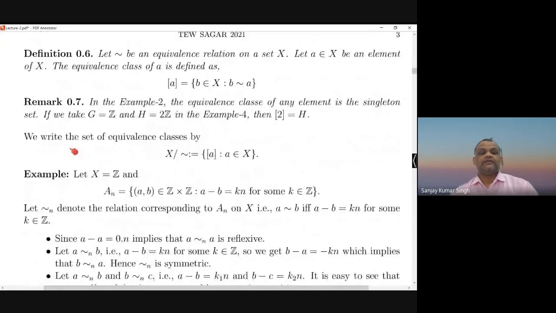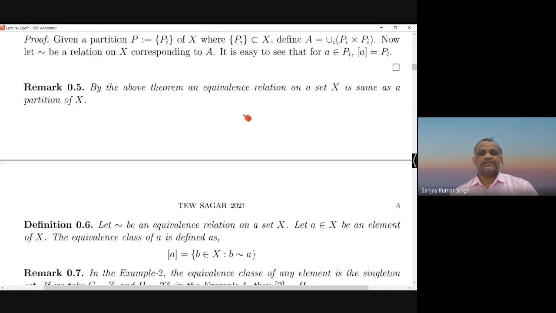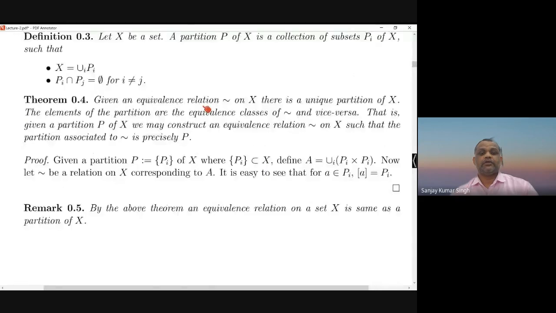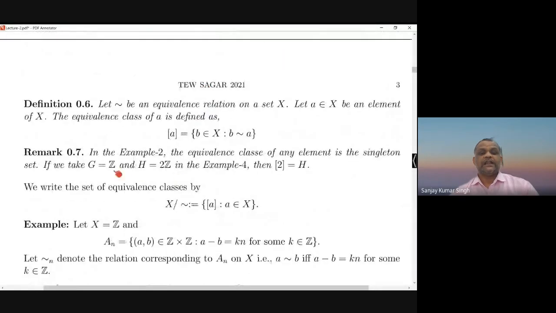For example, if you take this relation in example 4, then the equivalence class of 2 is the whole H. So if you take H equal to 2Z and G equal to Z, then the equivalence class of the element 2 is the whole H.